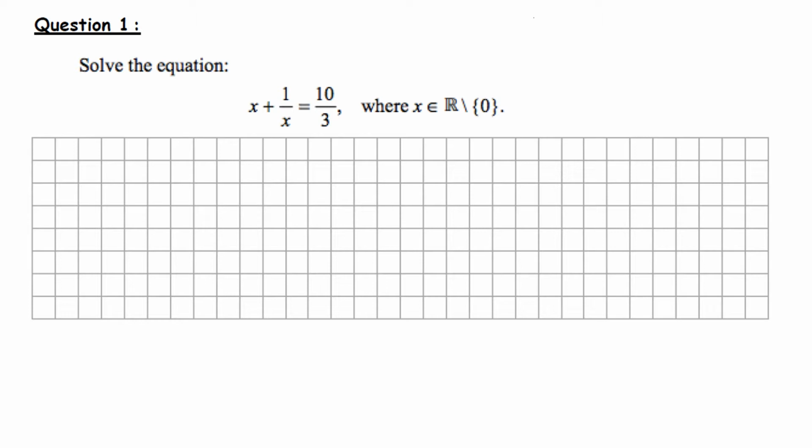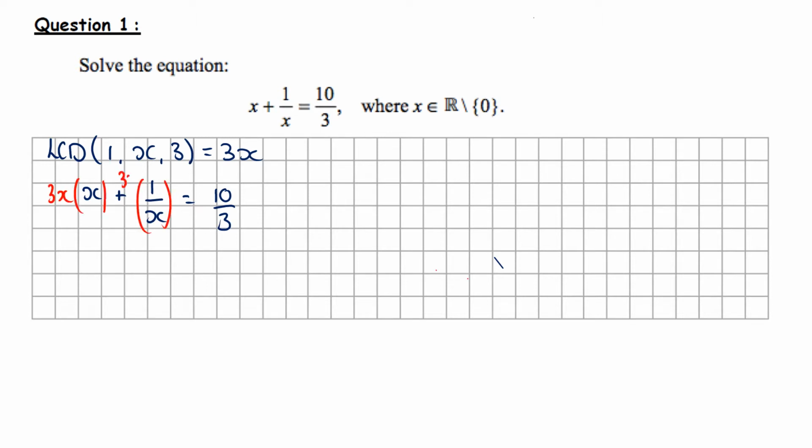To create our quadratic, we're going to find the lowest common denominator. The lowest common denominator of 1, x and 3 is going to be 3x. So we're going to multiply the whole way across by 3x. We have x plus 1 over x equals 10 over 3, and we multiply each piece by 3x.